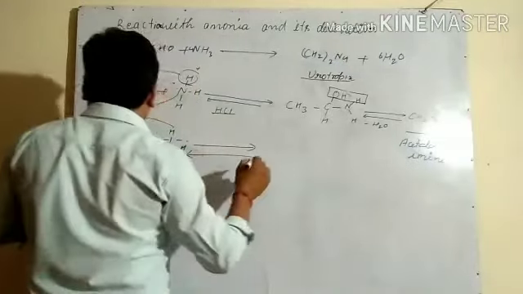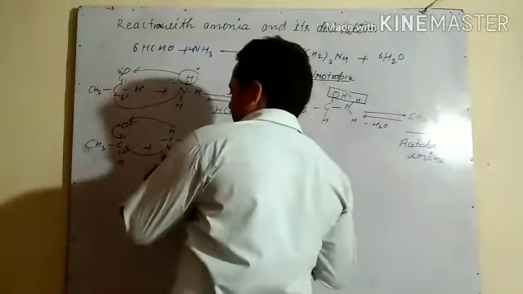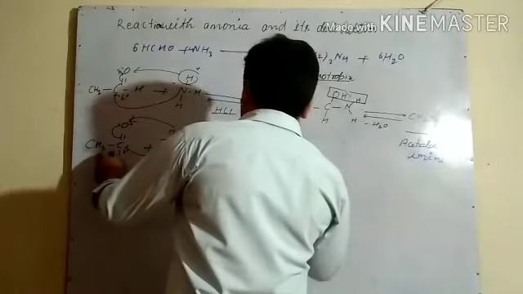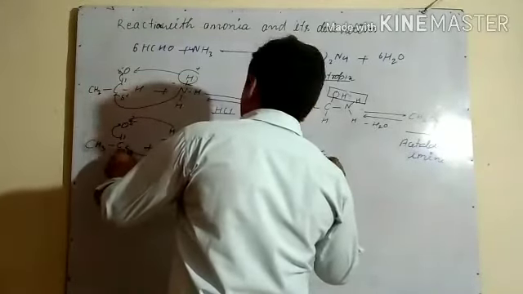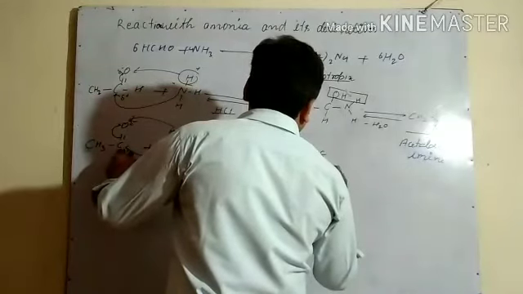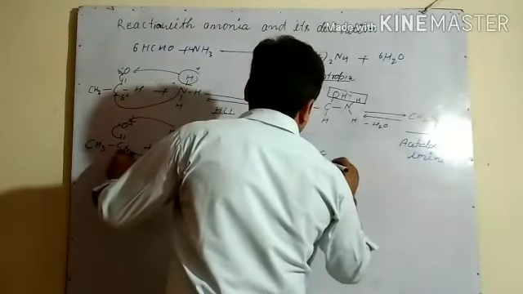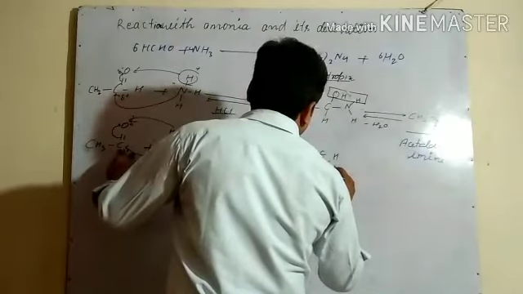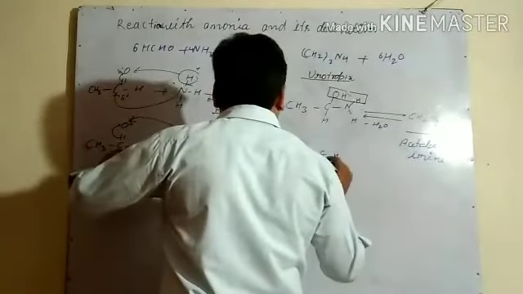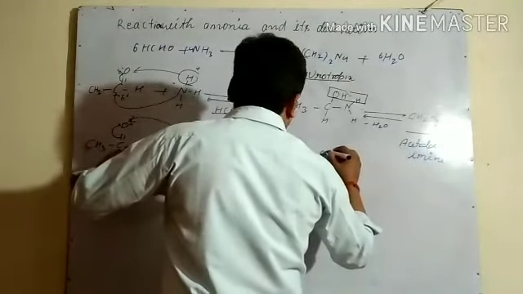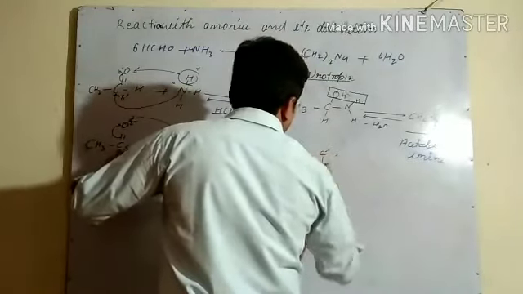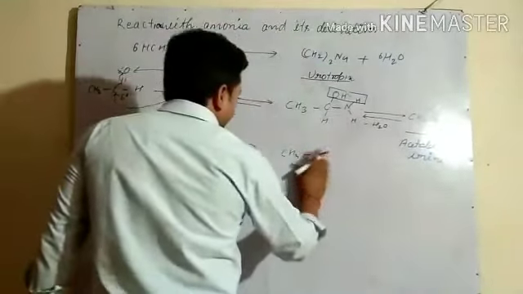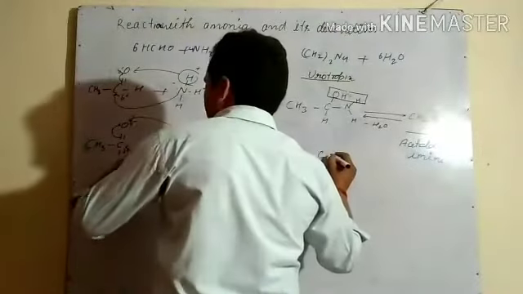Okay. So what is the product? Product, what will we get? You see here. So CH3, this will go to there. So we can write NH. H can be written like this. Okay. And I will write this OH. One minute, please. We can write it like this. Okay.